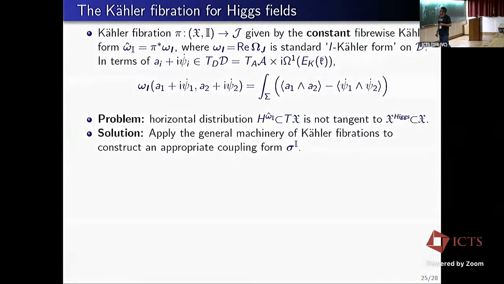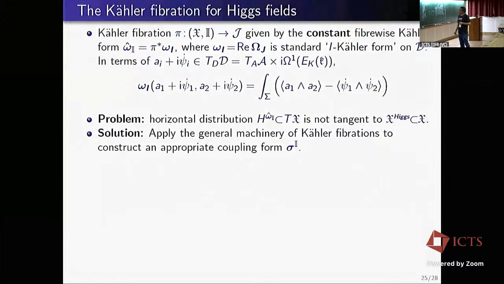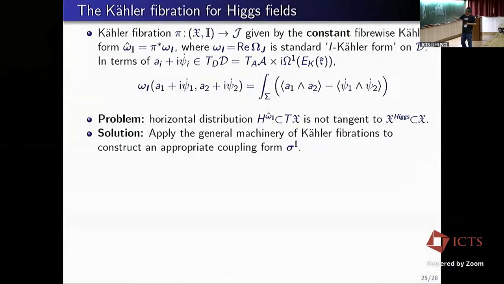But now we have a problem again, because this doesn't restrict, as we wanted, to this space of triples given by a complex structure, a unitary connection, and a Higgs field. So what we do is we add something. We construct a coupling form that restricts to this on the fibers.